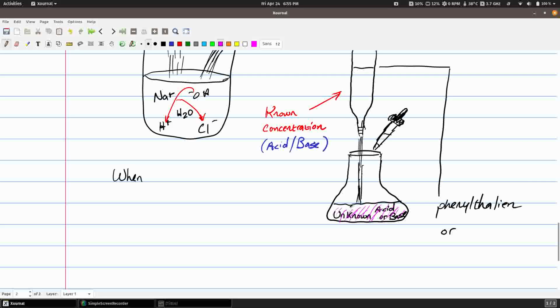And that's when you're able to say, oh, I used this much of this. And that's where your molarity comes in, because you know how many moles of it you used. And the moles of the acid equal the moles of the base.